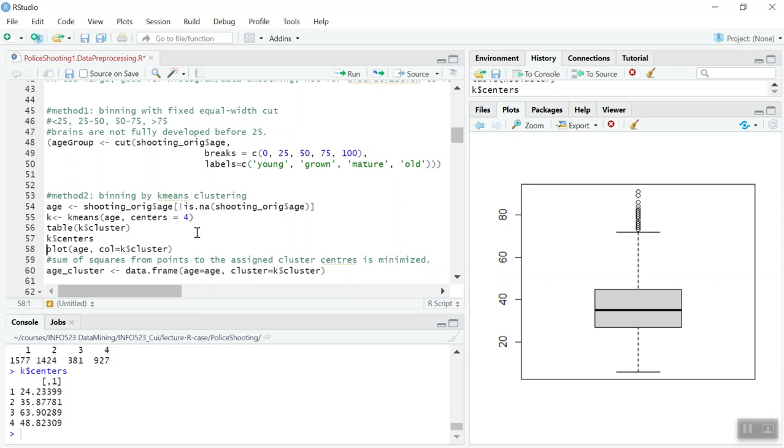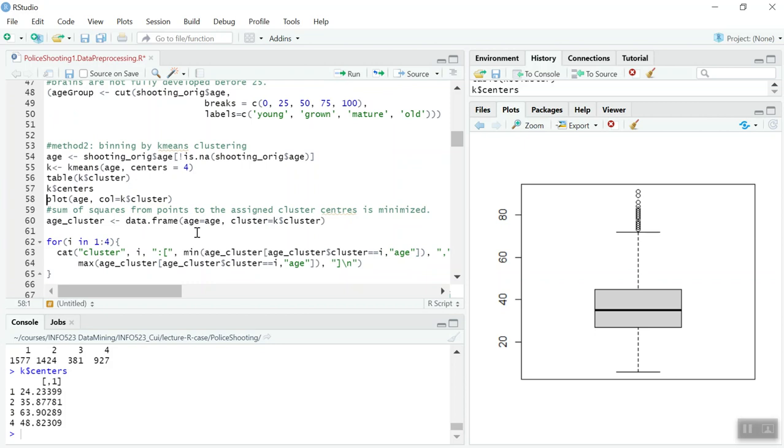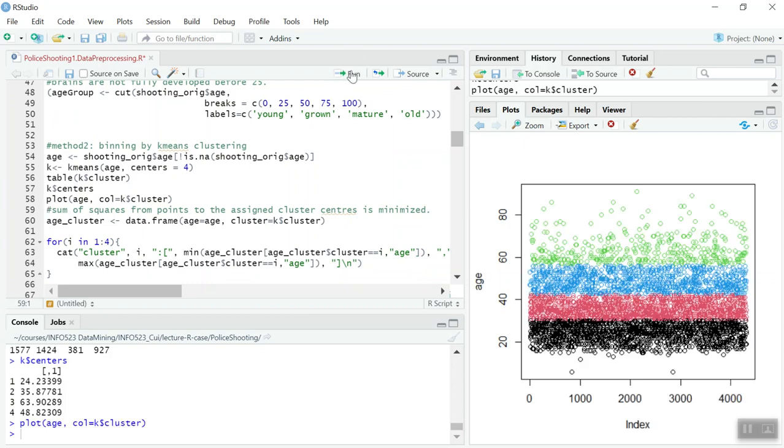So different binning methods are going to give you different results, and which one makes better sense, at this time we don't know. But we can keep them and keep on thinking about them. And then we can plot this to see. So the index are the observations. We have over, close to 45,000 observations.